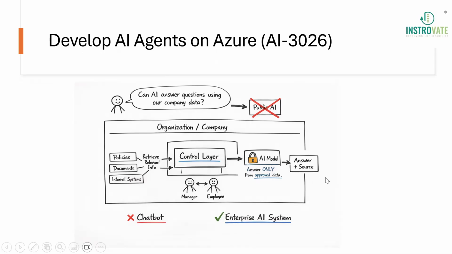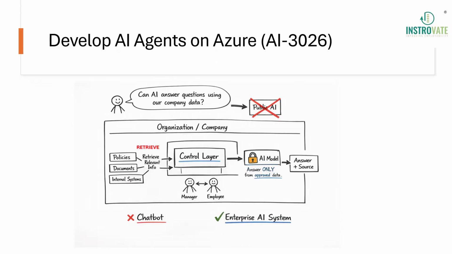Now, one more concept that we spoke about in this discussion was the various roles in the organization. Imagine a manager asking about the leave, and an employee asking about the leave policies in the organization. They could have different policies, so your AI agent works like this.